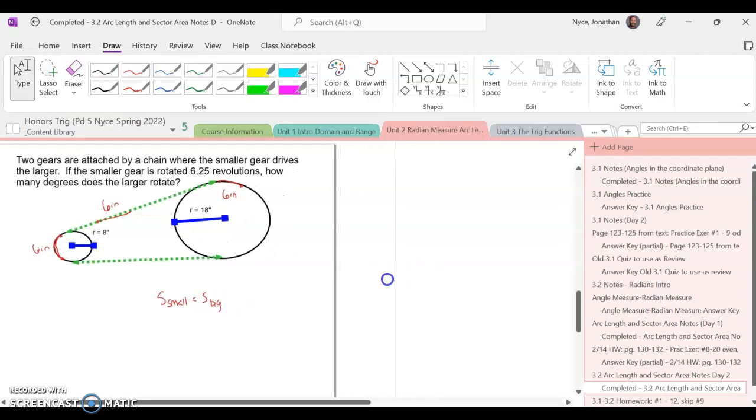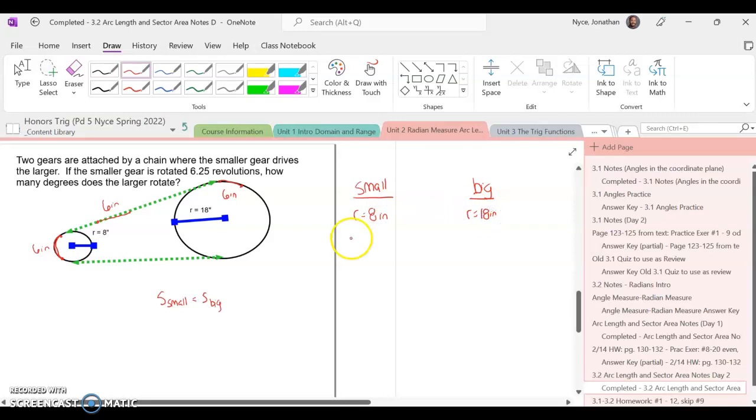So I find the easiest way to do these is set up two columns, one for small, one for big, and start at whichever one, the small or the big, they give you information for, or all the information for. So they tell us the radius of the small gear is 8 inches, and the radius of the big gear is 18 inches.